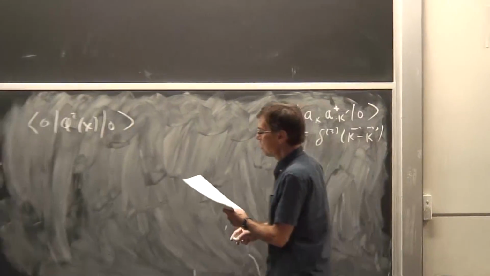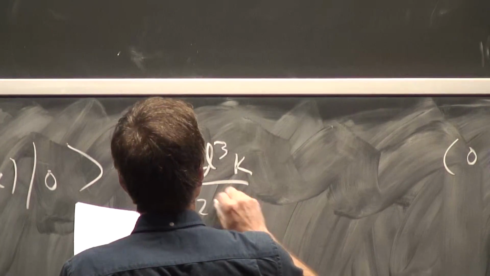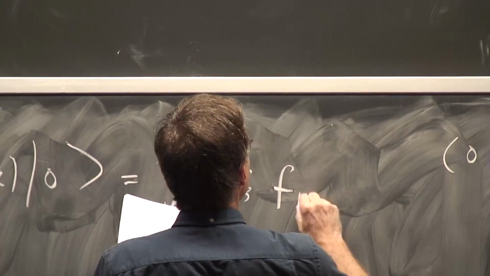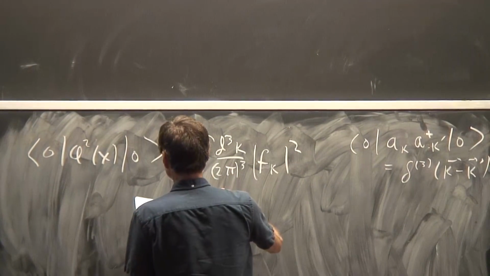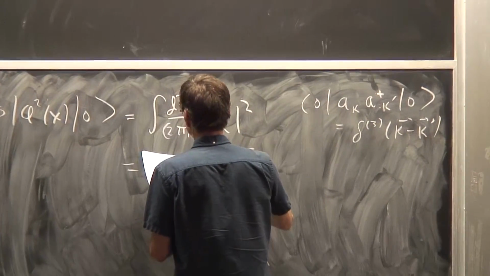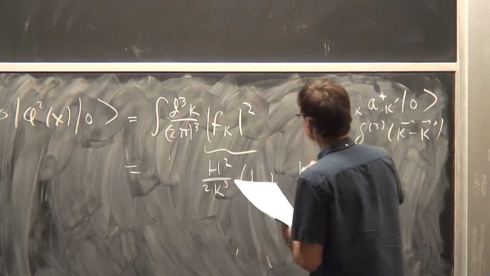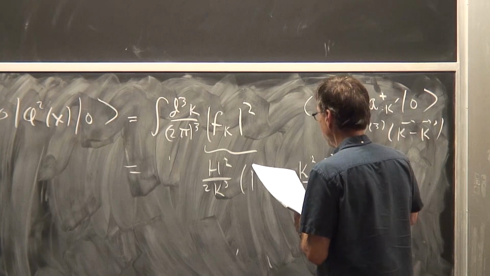So then we can just compute this, and it turns out to be the integral d3k over 2 pi cubed of f_k squared. And f_k squared is H squared over 2k cubed, times 1 plus k squared e to the minus 2Ht over H squared.